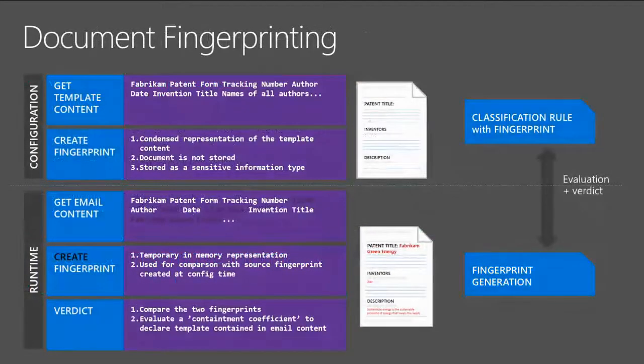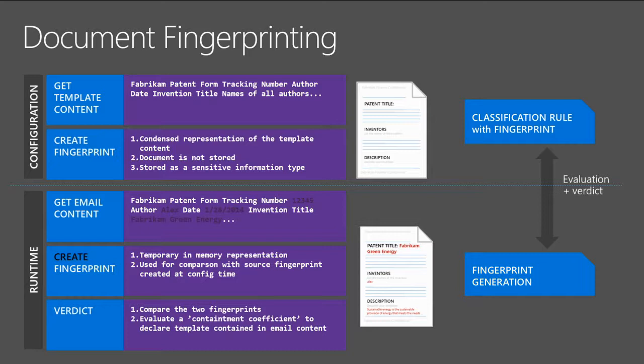So here's how document fingerprinting works. On top, we have the configuration aspect, which feeds in the actual document template. That gets text extracted, gets analyzed by our system, and produces what we call a document fingerprint. Then at runtime, which is the part below, we will perform the same content analysis on the attachments, on the documents in flight.